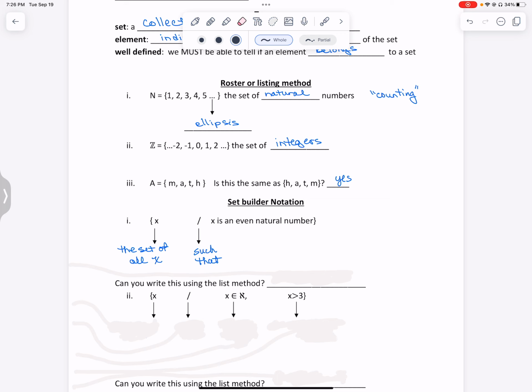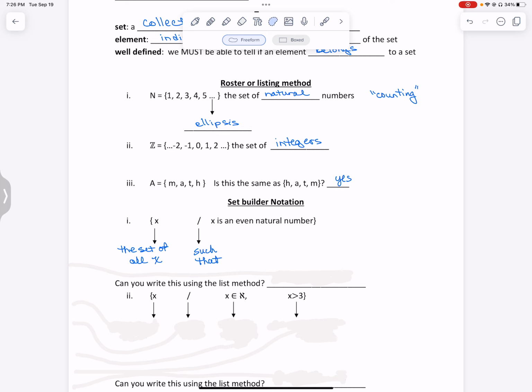Anytime you read set builder notation, you will say the set of all X such that, and then you'll have the rest of it. For example, X is an even natural number. So the set of all X such that it's an even natural number.